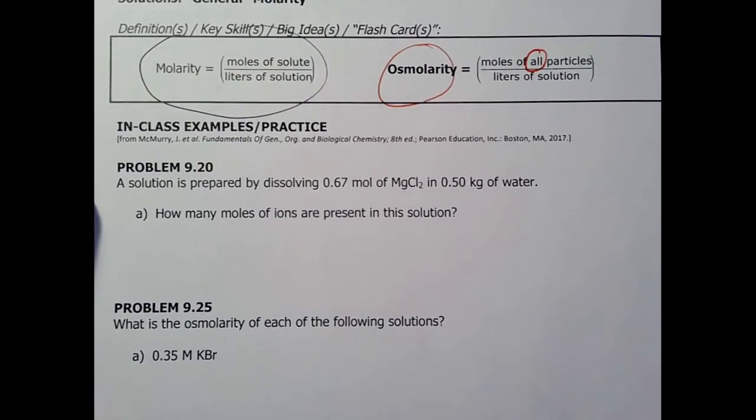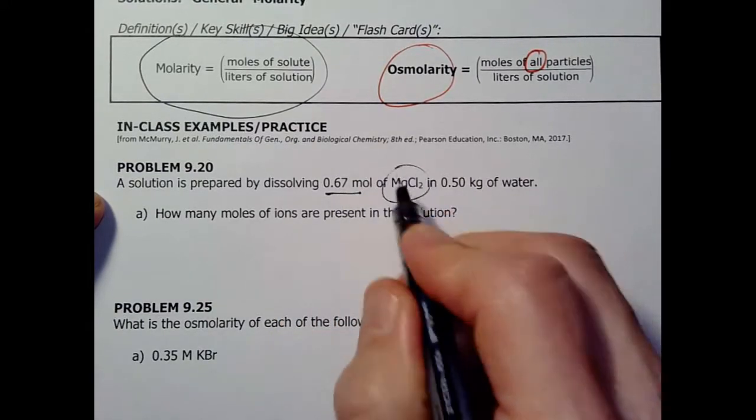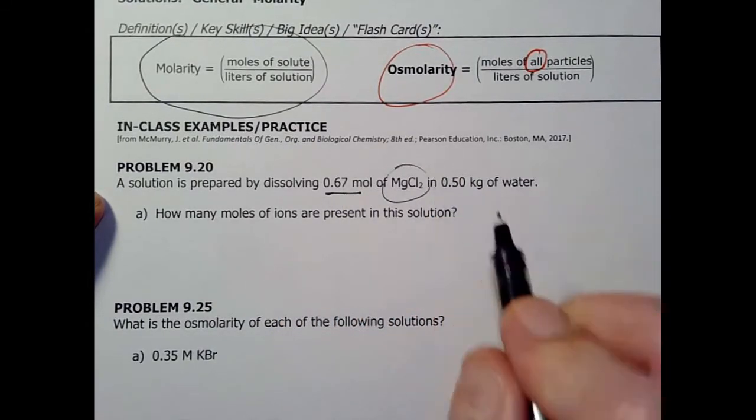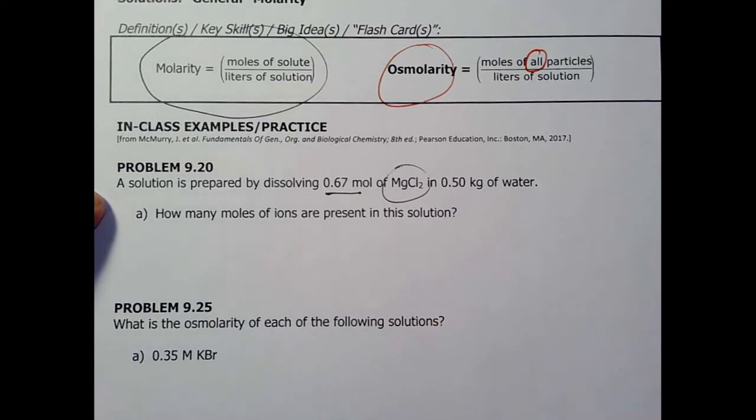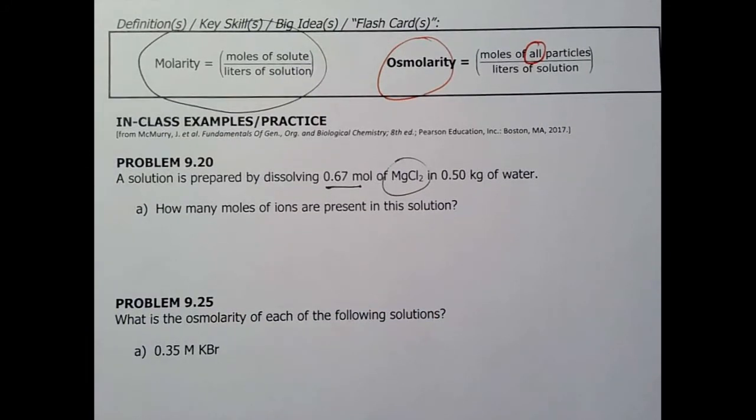So here I've got 0.67 moles of magnesium chloride. Now I recognize that as soluble, and it's a strong electrolyte. It's a soluble ionic compound.